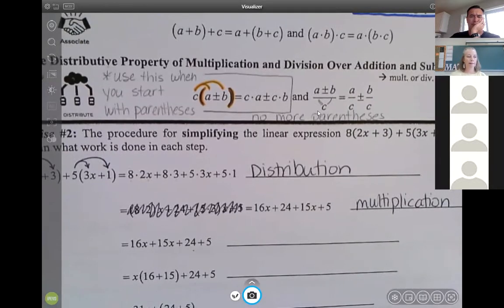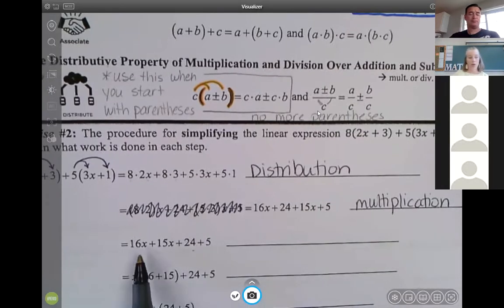Okay. Now from 16x plus 24 plus 15x plus 5, now they move down to 16x plus 15x plus 24 plus 5. What happened there? What did happen there? Besides craziness. Actually, it's not crazy at all. What happened there?